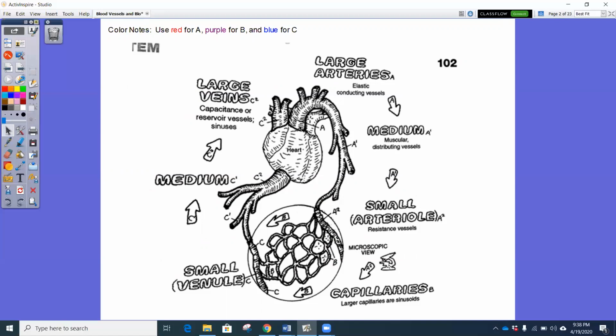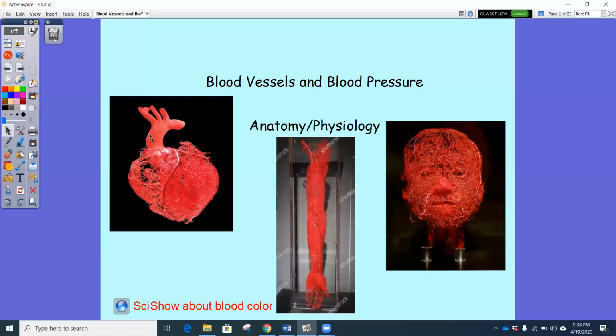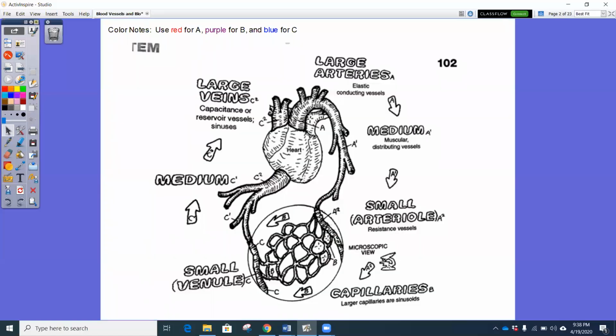So large arteries, okay, your aorta, and this is what it looks like. Okay, that's an accurate size of an average aorta, and that aorta is going to branch off of the heart. And not every blood vessel, not every artery is going to be that big. This is carrying oxygenated blood. Those large arteries are going to become medium arteries.